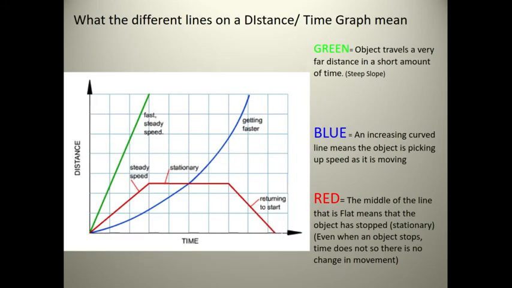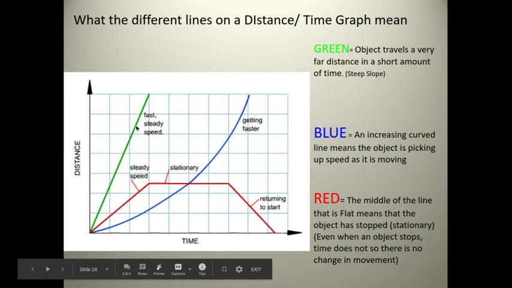All right, so we saw this graphic earlier, a few slides ago. So I just want to go over them real quickly. Anytime you're looking at a distance time graph, you'll see different kinds of lines on it. The green line here, objects that travel very far in a short amount of time. So here we have a steep slope. If you look at this green line and this part of the red line, they're 2 straight lines.